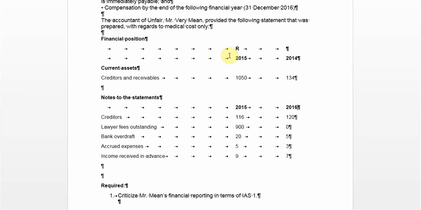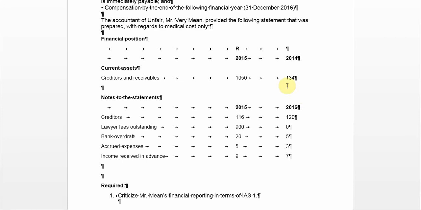Then we see here we have a rand sign with the 2015, but no rand sign for the comparative 2014. Furthermore, I see that there's no rounding, because we have, for example, here 1050, which cannot be right. I don't think the total creditors is 1050. And they've left out the rounding and did not indicate how many zeros were left out.